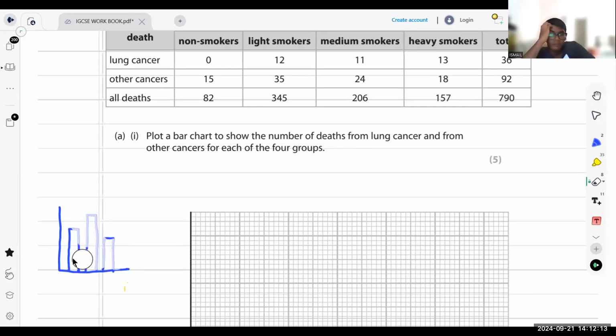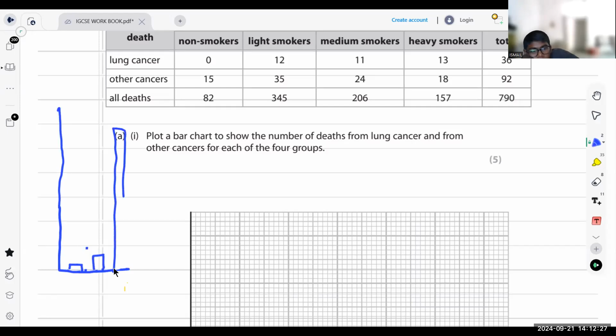If you try to draw it at home, you should make a graph like this, and the other one is like this, and the other one is going like this. And then you have to label the y and x axes, and you have to label what is this, what is this, what is this.